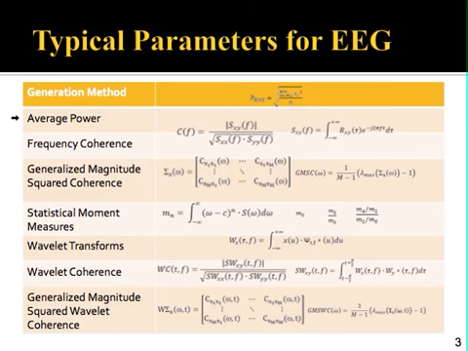So in the next part of the lecture, we'll begin to talk about each of these features individually and define what is some of the relevance of calculating that feature, what information does it give you, and what does it mean, and how is it calculated.